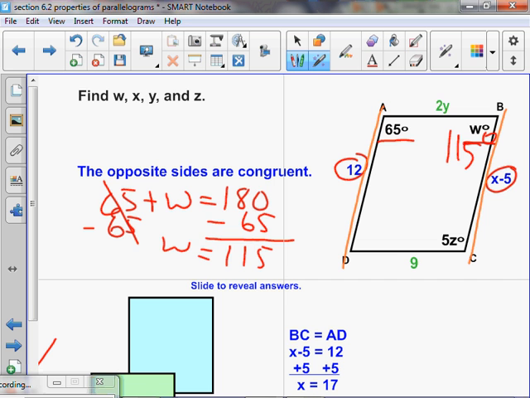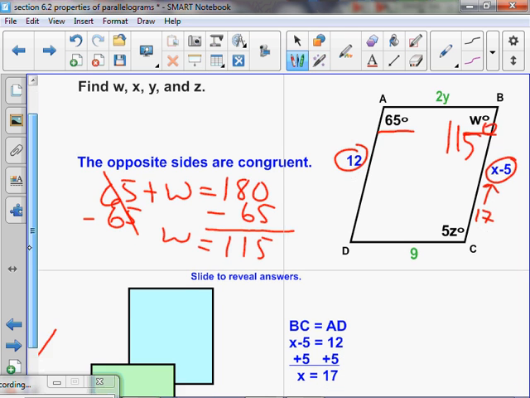So we just simply say that x minus 5 here and the 12 right over here must be equal to each other. So x minus 5 equals 12. Add 5 to both sides. You get that x is 17. So we will write that in. X is 17, which makes 17 minus 5, 12.